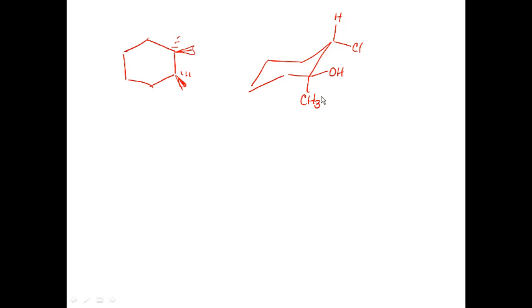So in this case, I don't know how to name this molecule because I don't know how to name alcohols, but let's call this carbon 1 and this carbon 2. What are the configurations of carbon 1 and carbon 2?